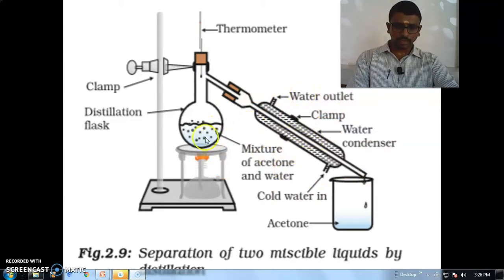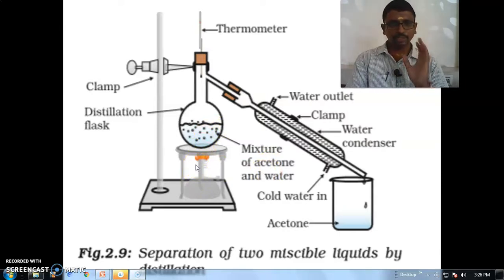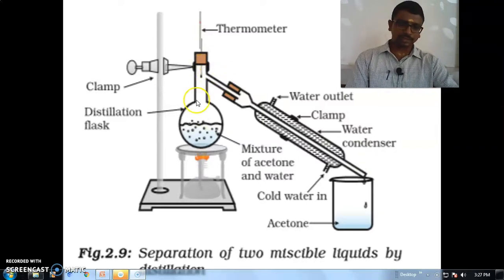So now what happens when the acetone and water are heated? The boiling point of acetone is less than water. The boiling point of water is 100, and the boiling point of acetone is around 70 to 80. So we fix the temperature around 70, and the acetone vaporizes, is condensed in the condenser and comes out.